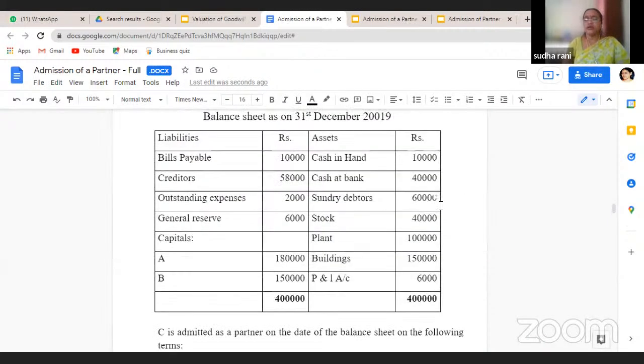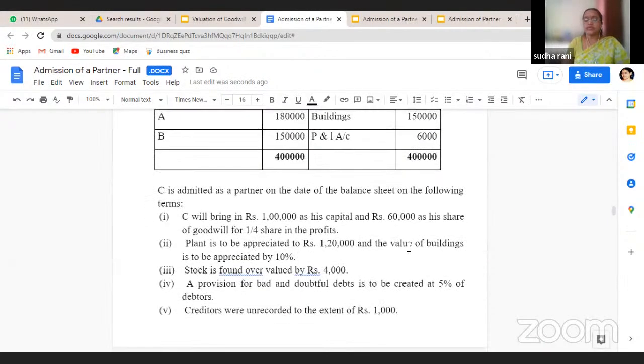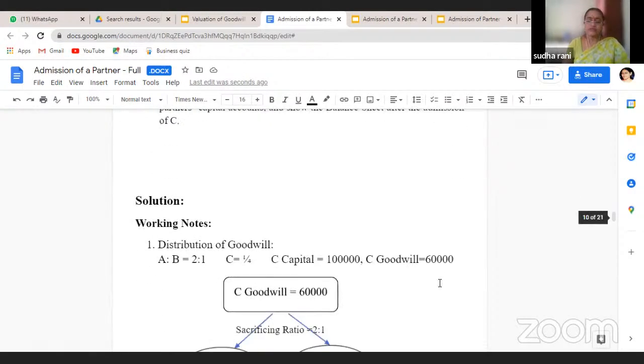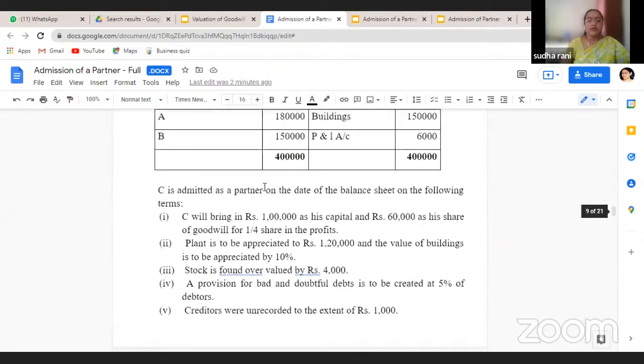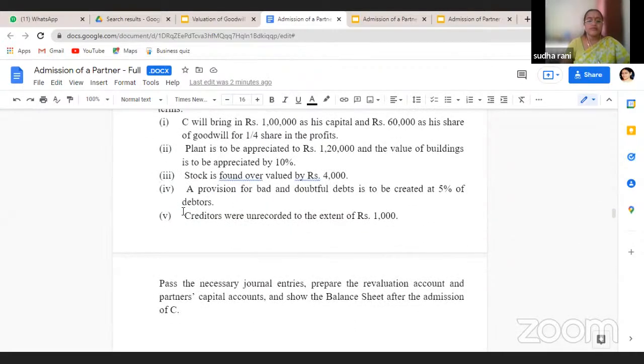So upon 60,000, you calculate 5%, how much you will get? 3,000, right? So 3,000 decrease in the debtors, we will take it on the debit side because the debtors are decreasing by 3,000.